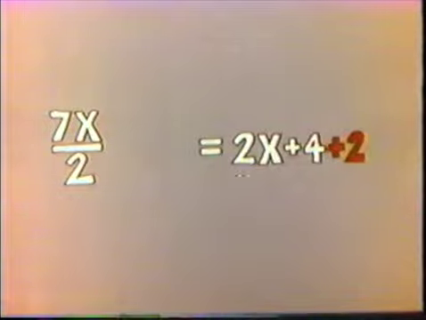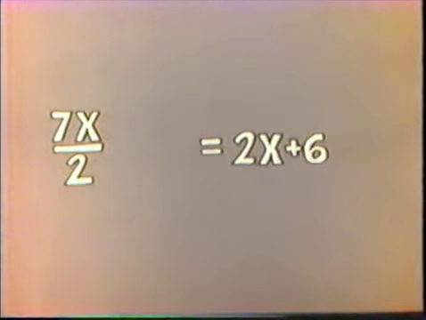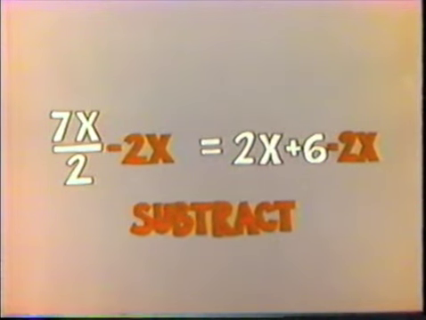On the right side, we can simplify by adding the 4 and the 2 together to get 6. Now, in order to get all the x terms on the left side, we subtract 2x from both sides. We can see that the 2x and negative 2x on the right side cancel each other.